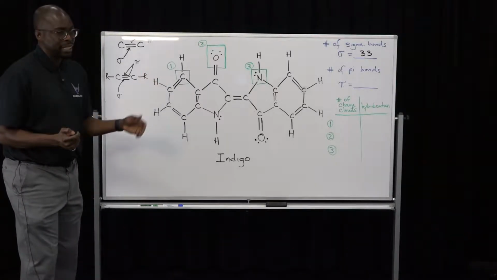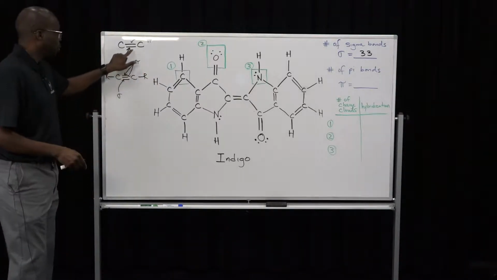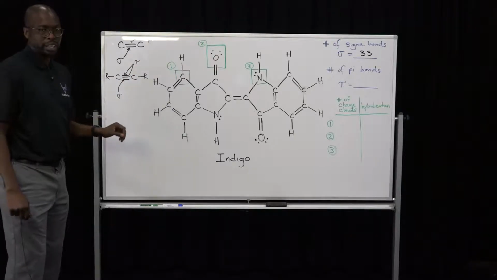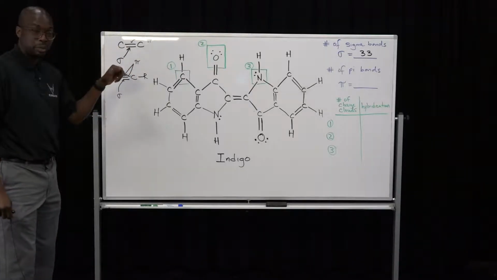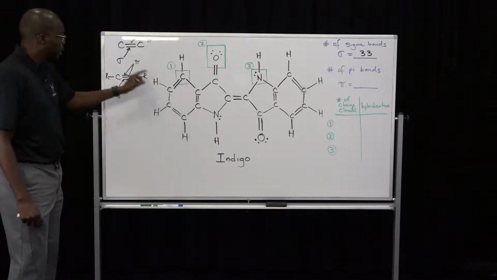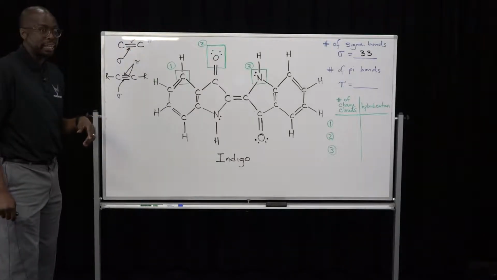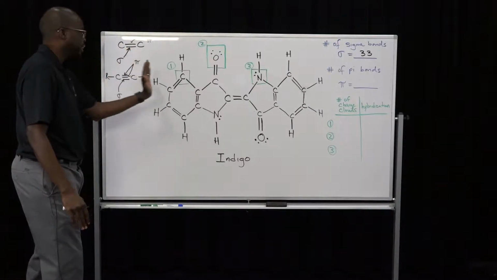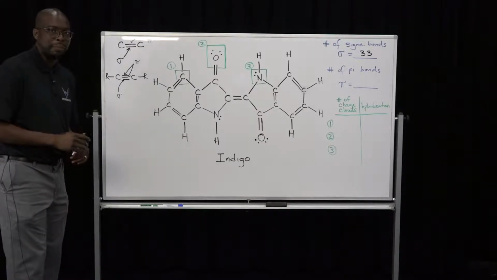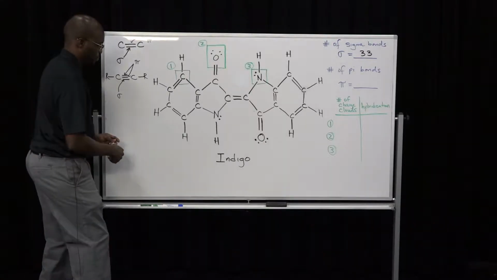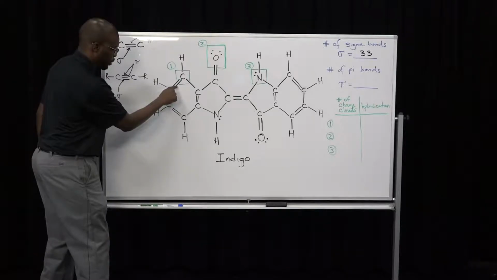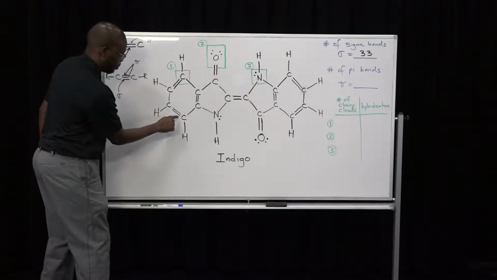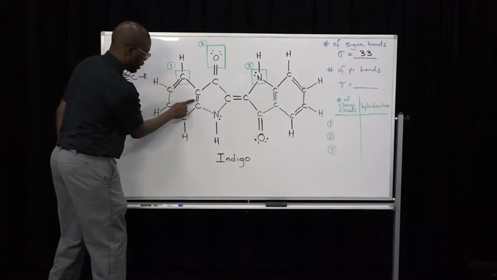Now on to the pi bonds. Okay, remember, whenever we have a double bond, one of these bonds is considered to be sigma, which we've already counted. The other one is considered to be pi. So let's sweep from left to right, counting the number of pi bonds. Okay, so here we have 1 pi bond, 2, 3.